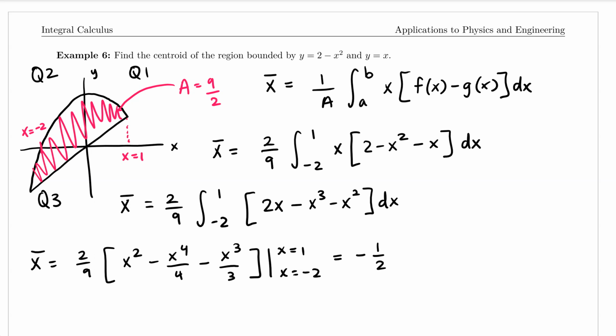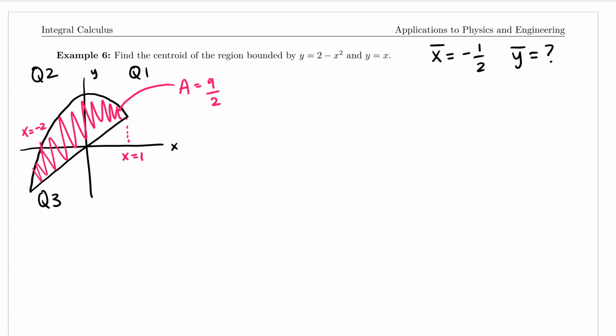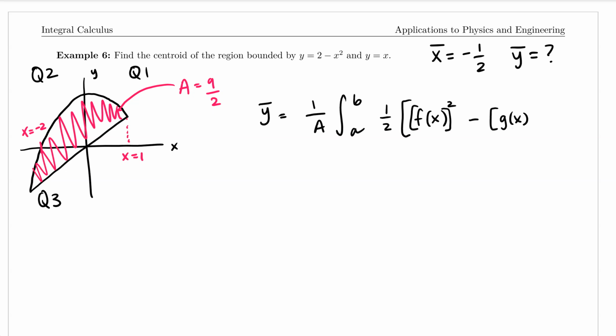Alright, let's proceed to solving for y bar. So y bar is equal to 1 over A times the integral from a to b of 1/2 times f of x quantity squared minus g of x quantity squared dx.